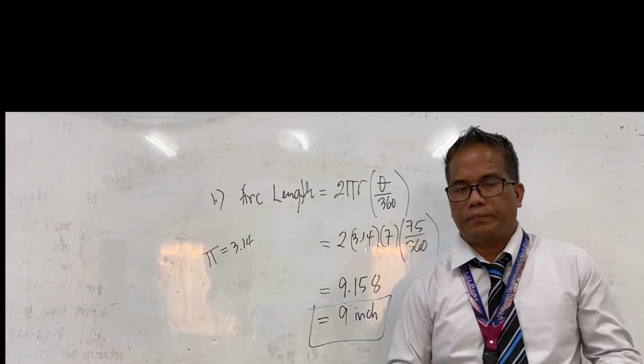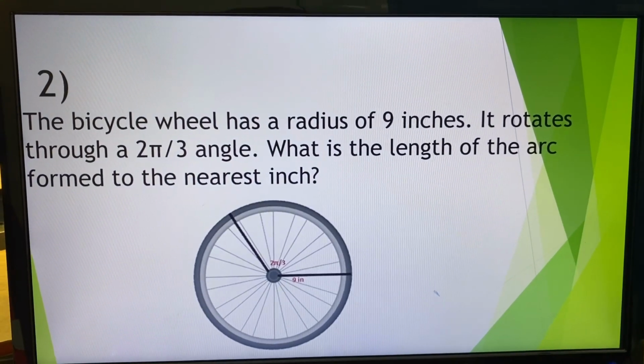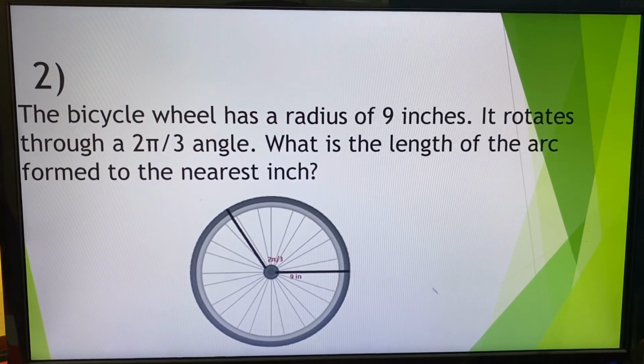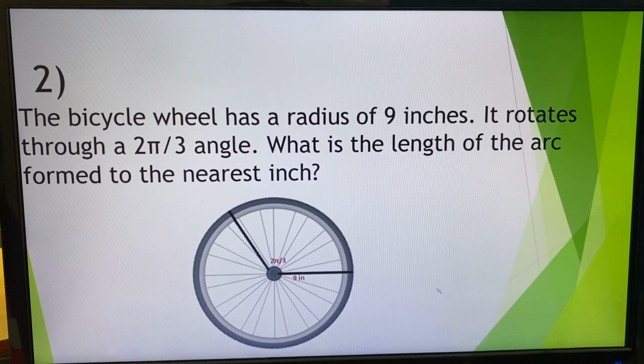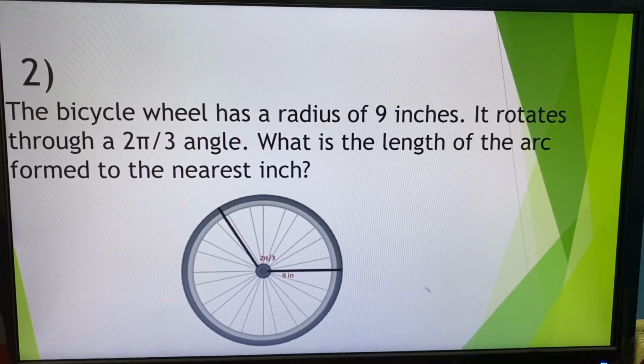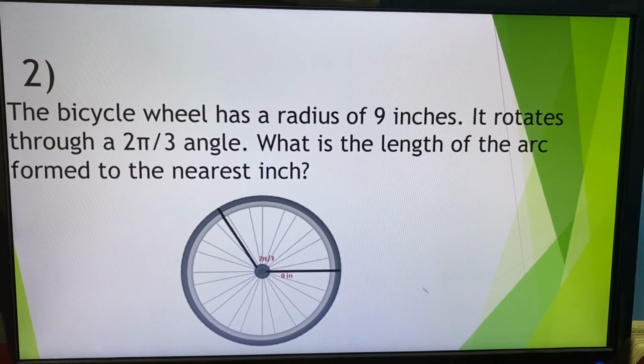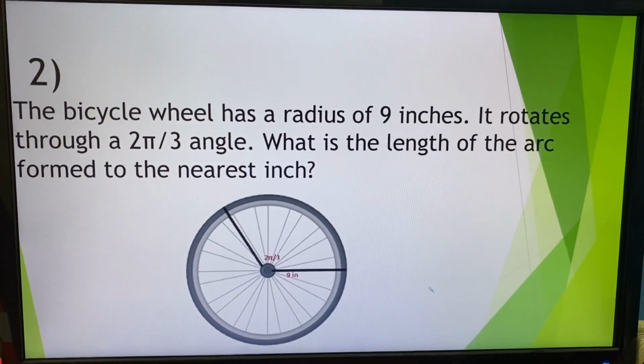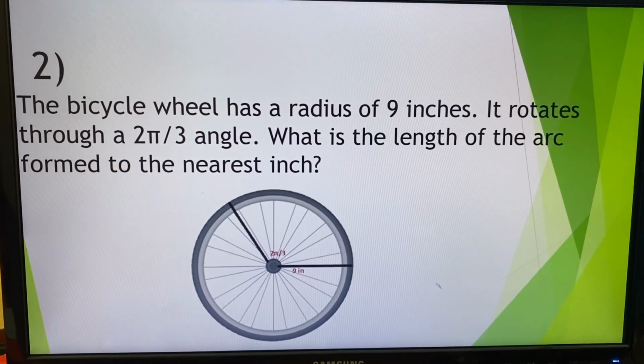Question number 2 for the application. The bicycle wheel has a radius of 9 inches. It rotates through an angle of 2 pi over 3. What is the length of the arc formed to the nearest inch? Let us show the solution.